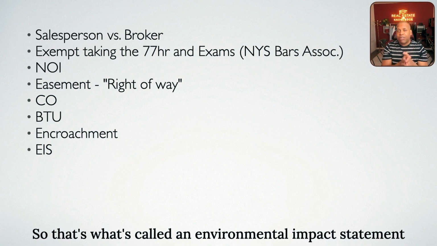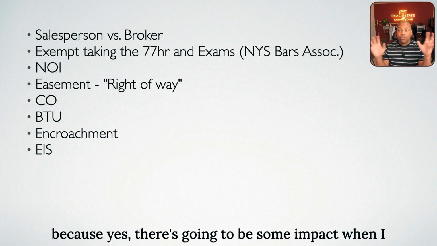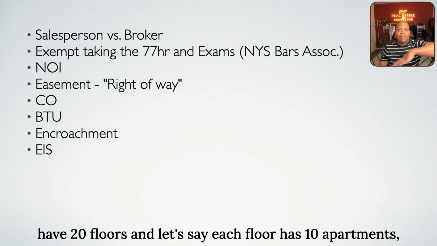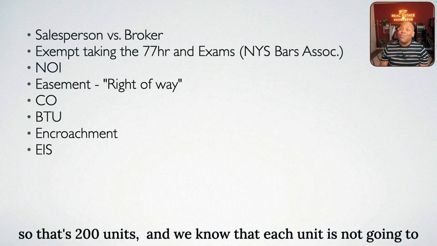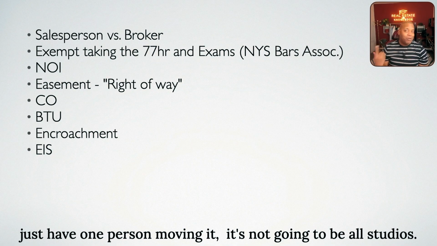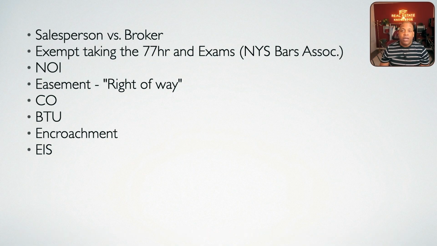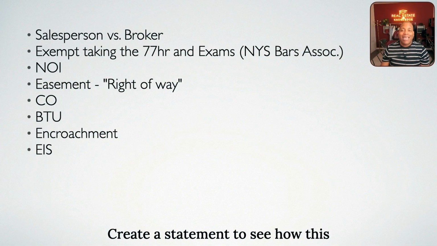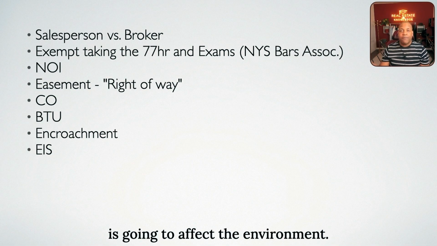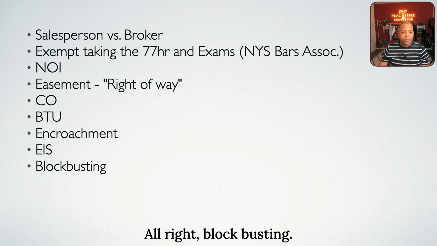So that's what's called an environmental impact statement, because yes, there's going to be some impact when I have 20 floors, and let's say each floor has 10 apartments, so that's 200 units. And we know that each unit is not going to just have one person move in it. It's not going to be all studios. They need to create a statement to see how this is going to impact the environment, all right?